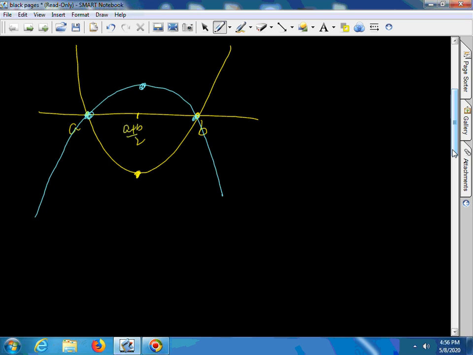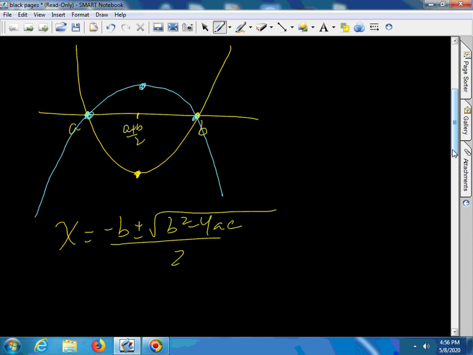Now, let us look at the quadratic formula. x is equal to negative b plus or minus the square root of b squared minus 4ac, over 2a. Let's find the average of the two roots.